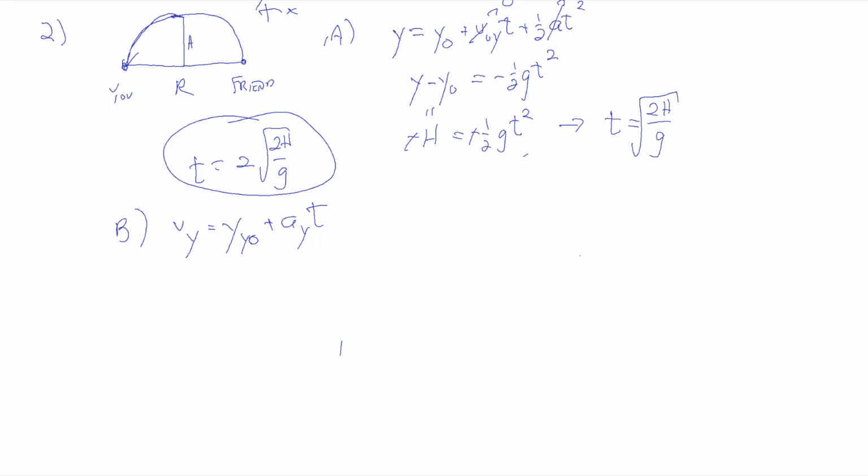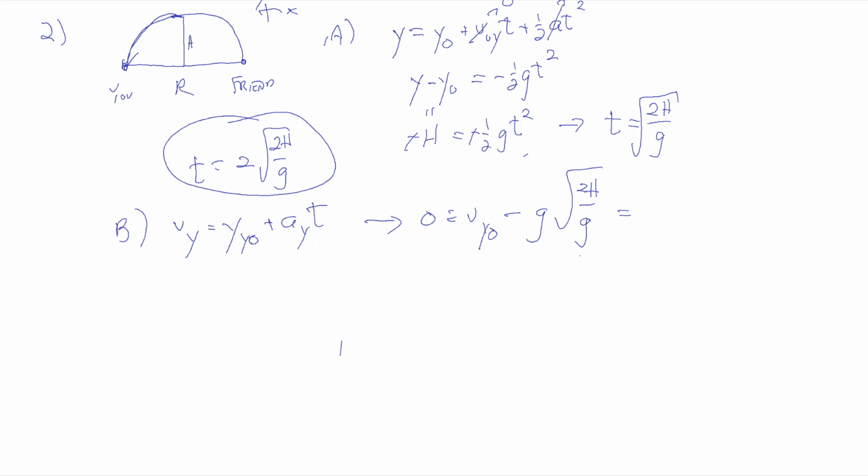So what do we have? We have 0. Okay. Oh, actually, we'll analyze the motion when you throw. vy naught will be the velocity at which you throw it up. vy is at the top, so vy equals 0 equals vy naught. And the acceleration is minus g. The time for half the motion, again, is the square root of 2h over g.